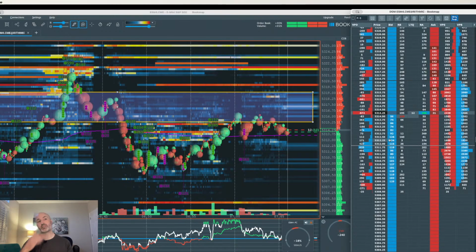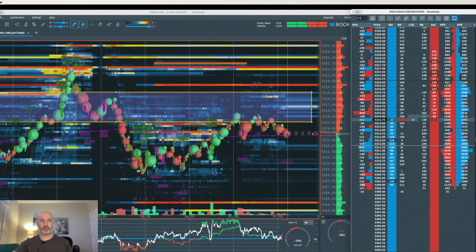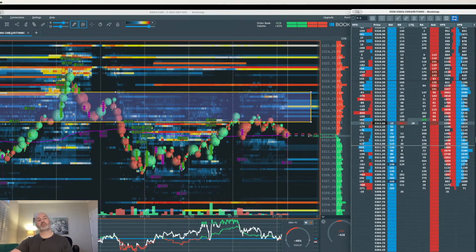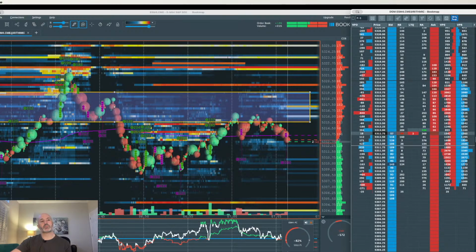Now I need aggressive sellers to step in. Sweep ESM for CME sellers at 5,313.5, finding some support at VWAP. Here comes some sweeps. Algos stepping in.